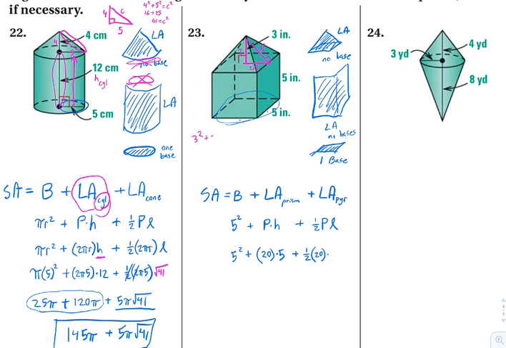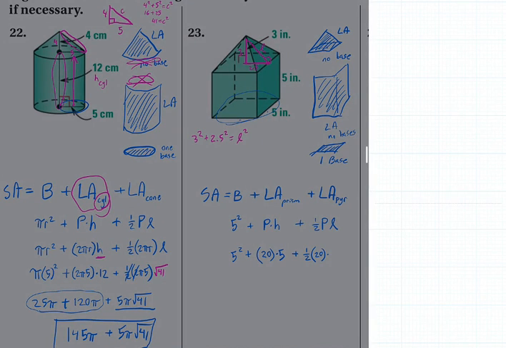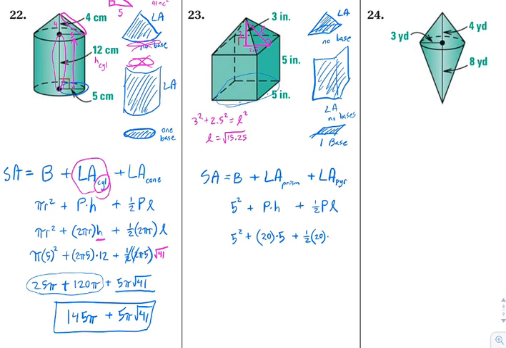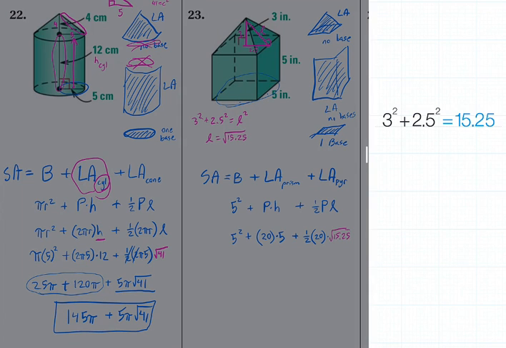So 3 squared plus 2.5 squared equals L squared. So that's, oh dang. Let's go 3 squared plus 2.5 squared. So I get 15.25. So the square root of 15.25. Is that going to work out nicely if I square root it?